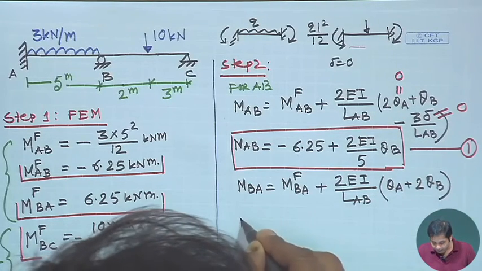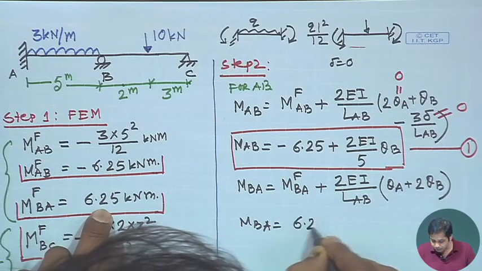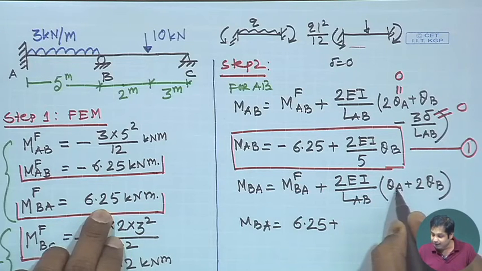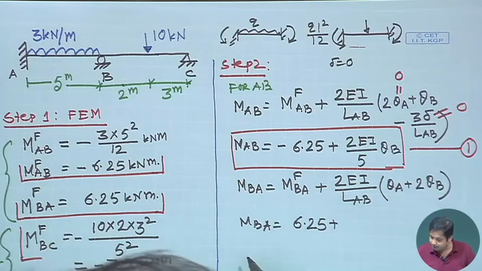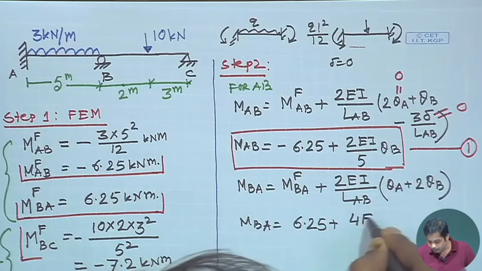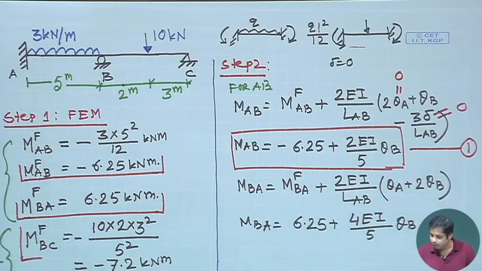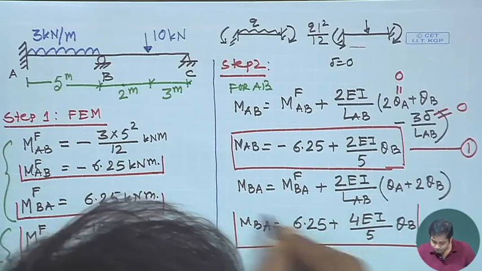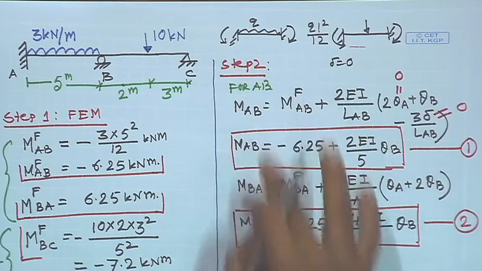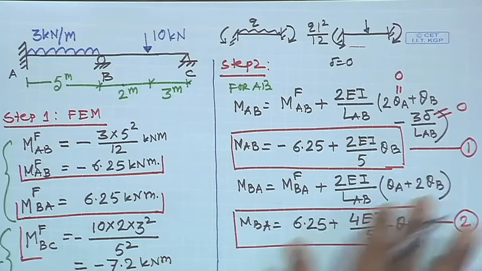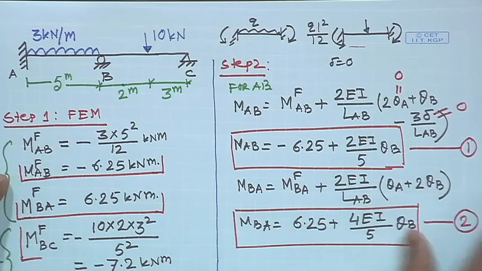Now, MBA is equal to the fixed end moment, 6.25, plus, again theta A is equal to 0, it is a fixed end. So, this becomes 4EI by 5 theta B. So, this is equation number 2. This is the slope deflection equation for member AB, this one at A and this one at B.